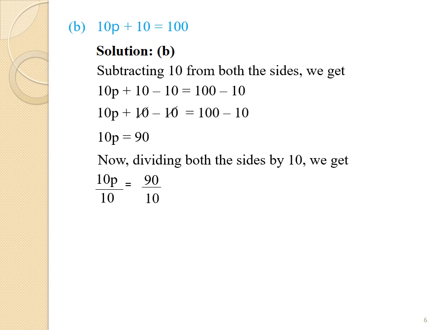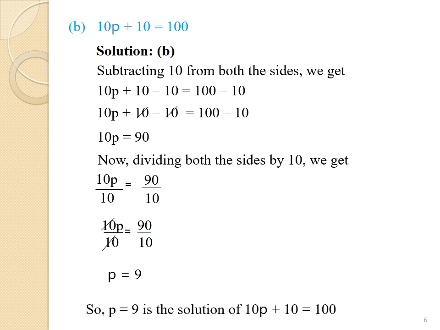Cutting common 10 and dividing 90 by 10, we get p equals to 9. So, p equals to 9 is the solution of 10p plus 10 equals to 100.